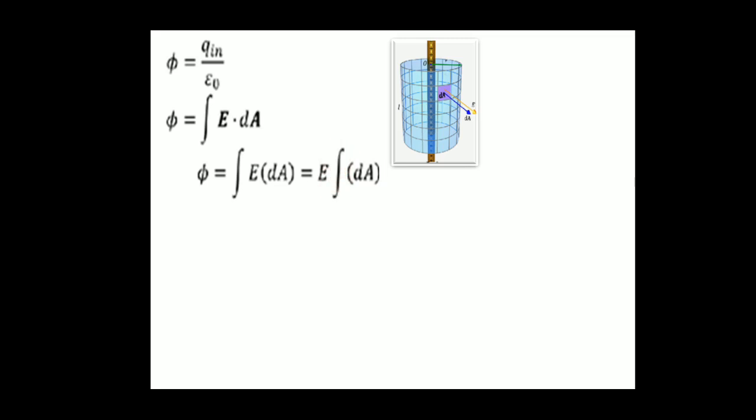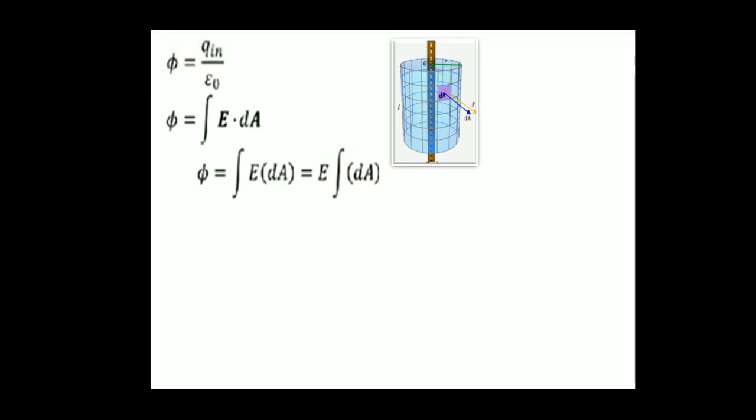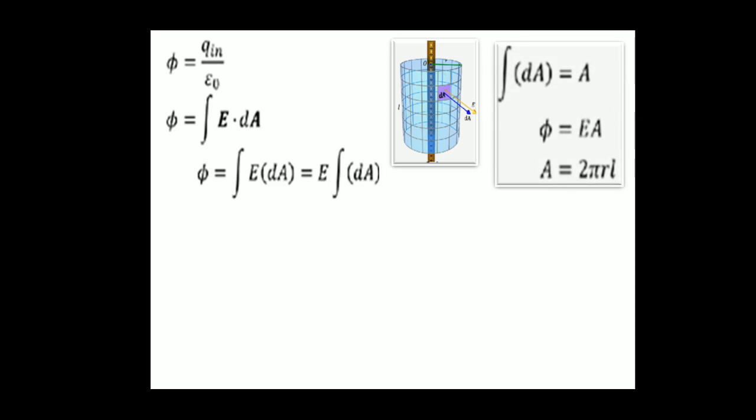Anybody, can you say what is the curved surface area of a cylinder? Integral dA, A is nothing but 2 pi RL, the surface area of a cylinder. Now I'll substitute the value of integral dA; in that place I will write 2 pi RL.